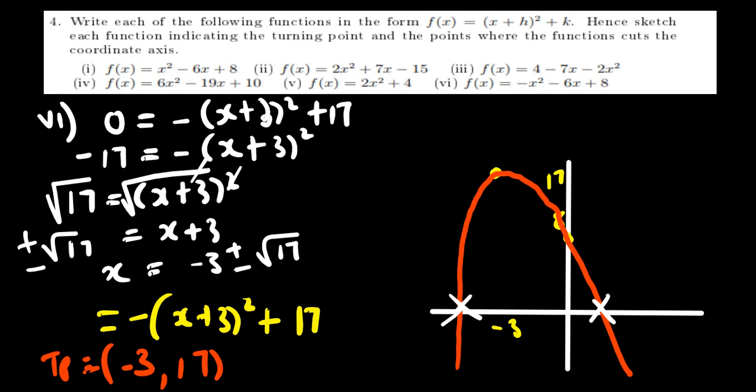In that regard, since I don't have a calculator, the 2 points that we're going to have are negative 3, negative the square root of 17, and negative 3, positive the square root of 17. So that's how you solve that graph. Very, very important.